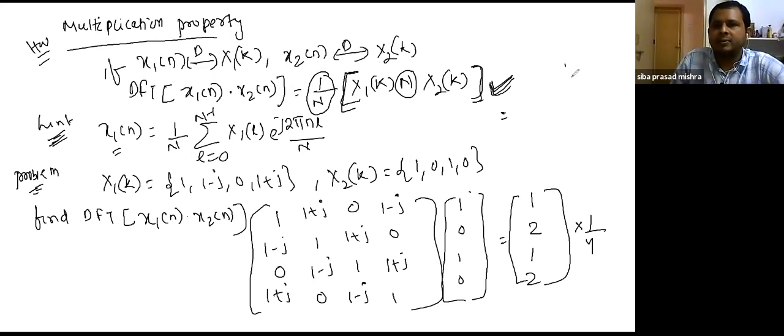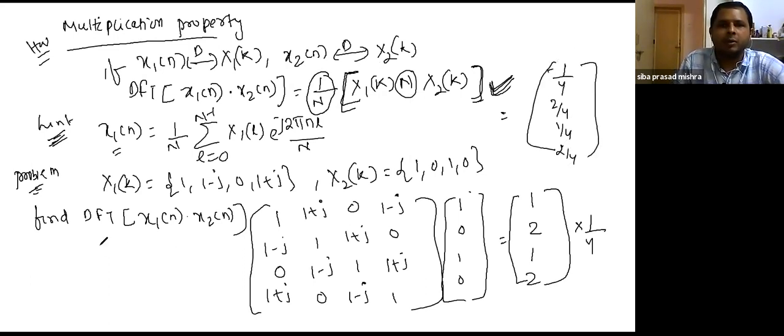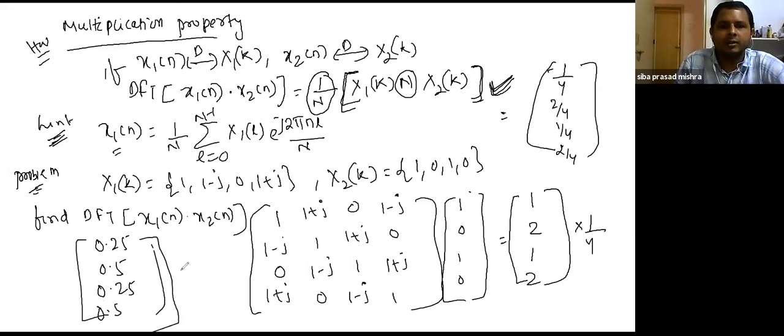It is 1 by 4, 2 by 4, 1 by 4, again 2 by 4. That is 0.25, 0.5, 0.25, again 0.5. This is your answer.